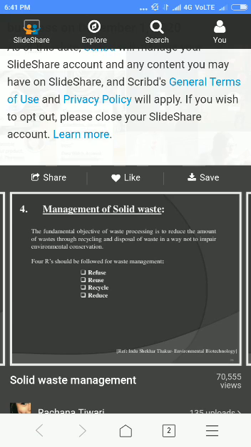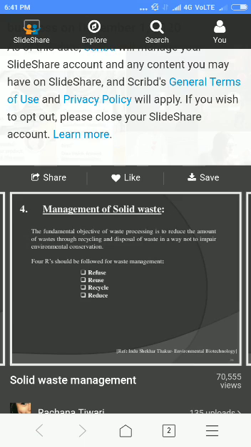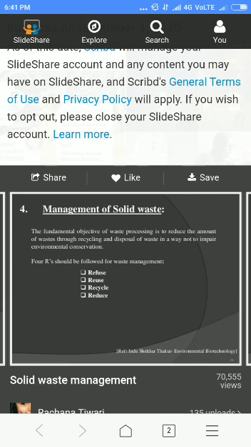And another more important point related to this solid waste is their management. In case of management, our main objective of waste processing is to reduce the amount of waste through recycling and disposal of waste in a way not to impair the environmental conservation.